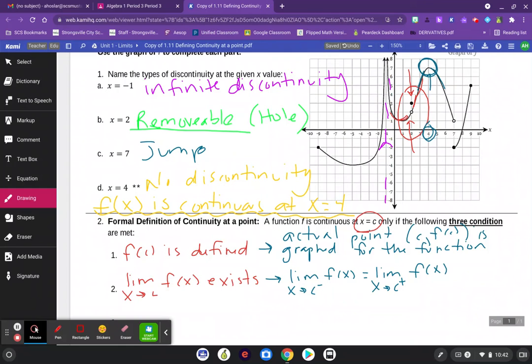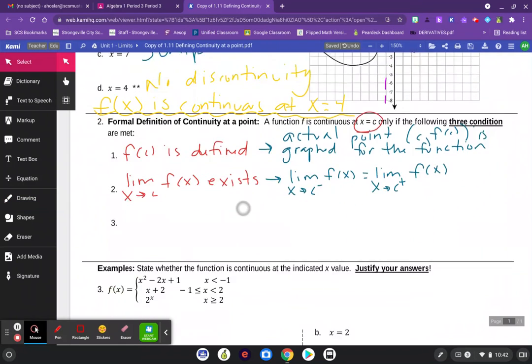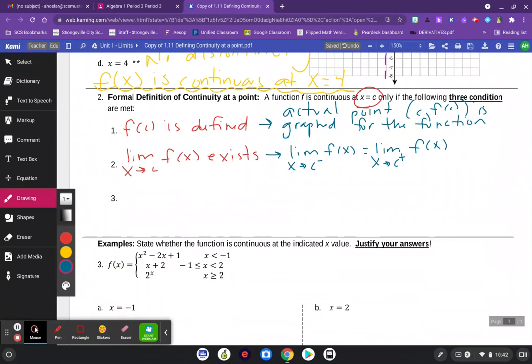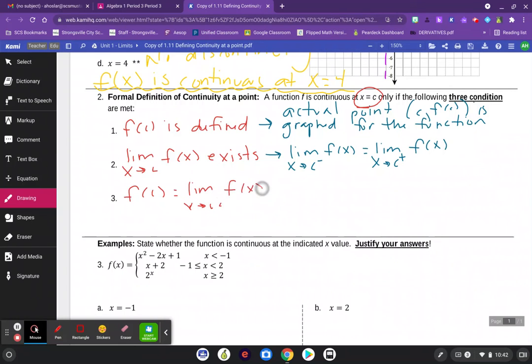That where my point is defined, or where my function is defined, is the same as the output for the overall limit. Okay? And so our third condition is that f of c, my defined point, is equal to that overall limit as x approaches c of f of x. Okay? And I'm just going to say that in words. Defined point equals or matches.